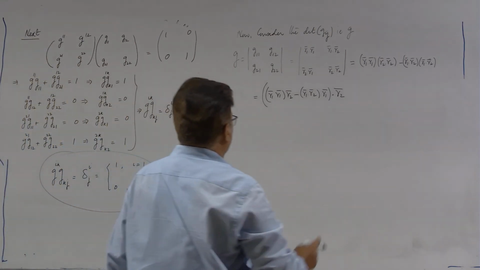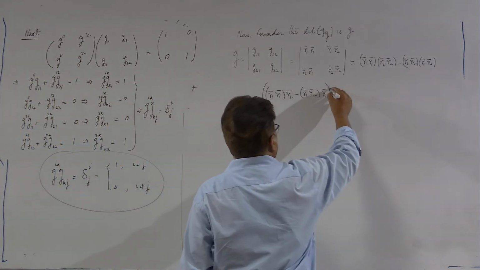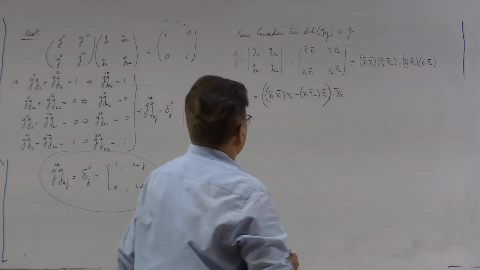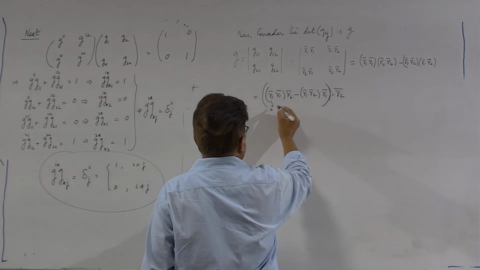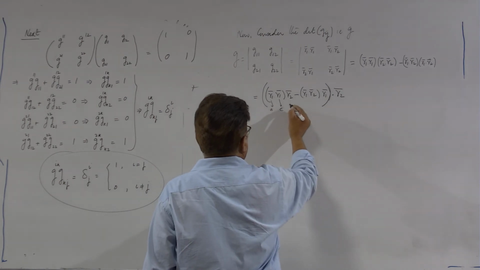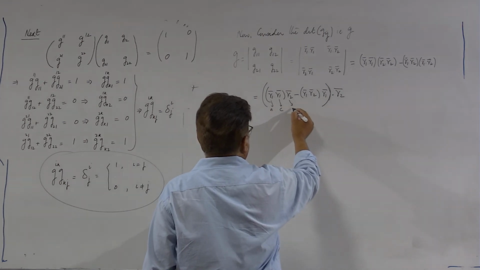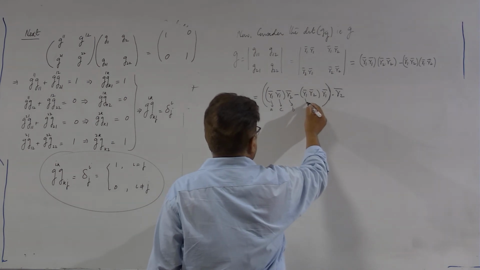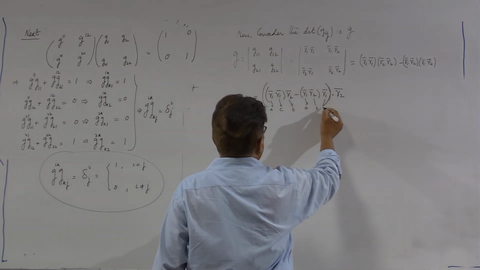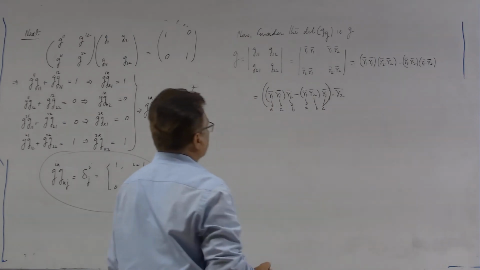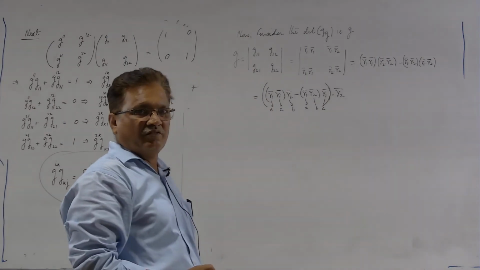Now look at this quantity in the bigger bracket. If I consider this as A, this as C, this as B, so this is A, this is B and this is C. So it is A cross B cross C, the vector triple product.